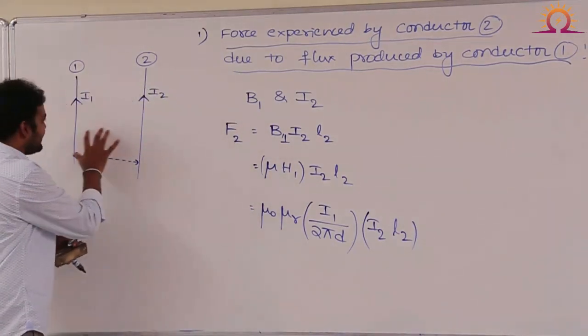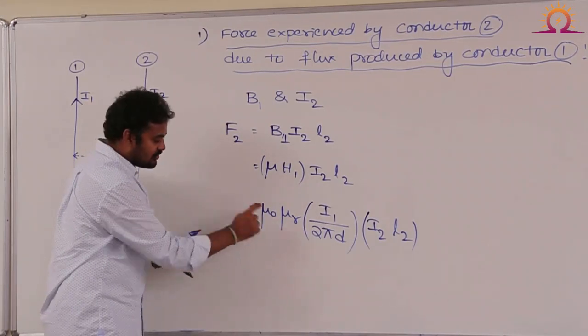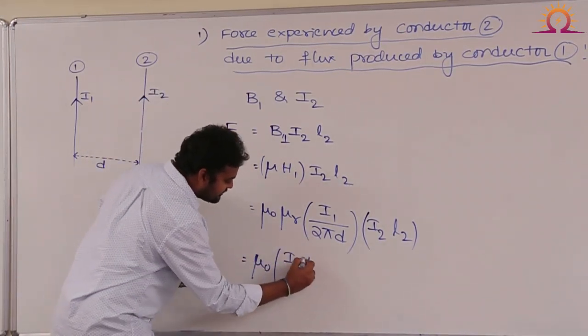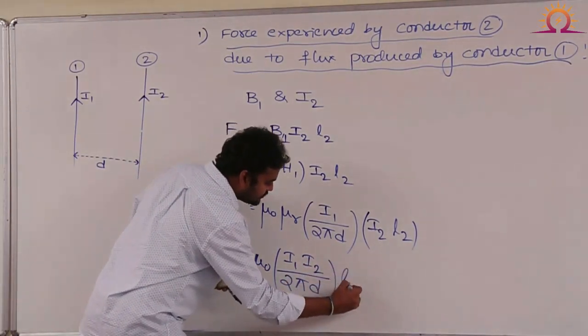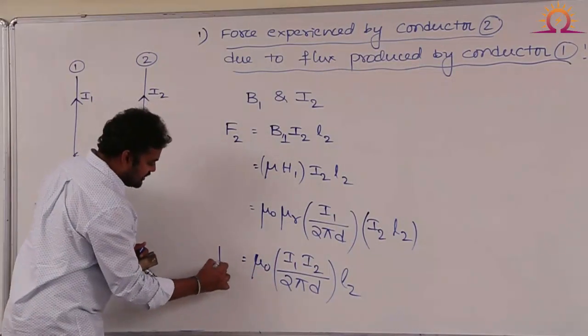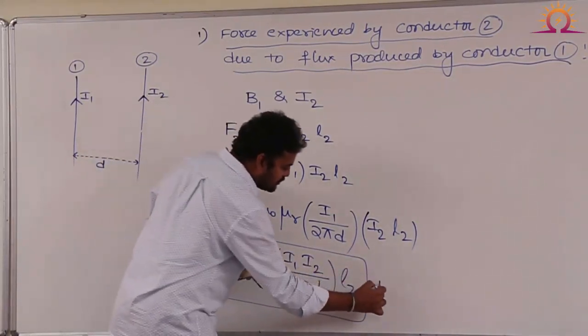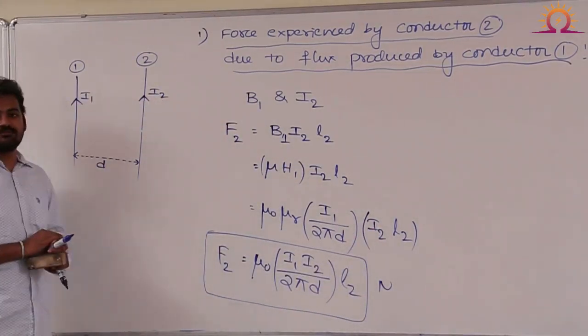Suppose if the medium between these two conductors is air, relative permeability will be equal to 1, then the force will be mu naught into I1 I2 by 2 pi d into length of conductor number 2. So this is the force experienced by conductor number 2 due to the field created by conductor number 1.